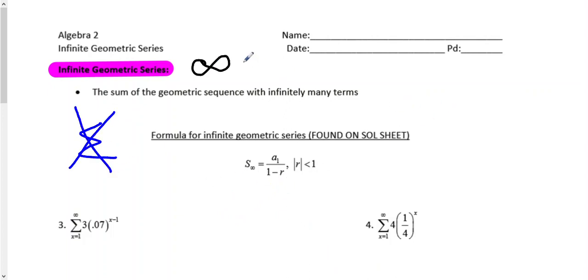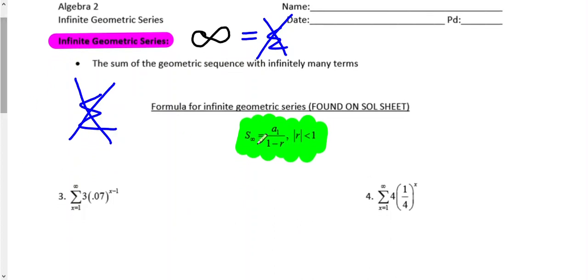So anytime we see the infinity, that means no E. You have to use the formula that's on your formula sheet, which looks like this. It's read, the sum of the infinite series equals a sub 1 over 1 minus r, only when the absolute value of r is less than 1. So that's the first thing you need to realize, is the absolute value of r has to be less than 1.